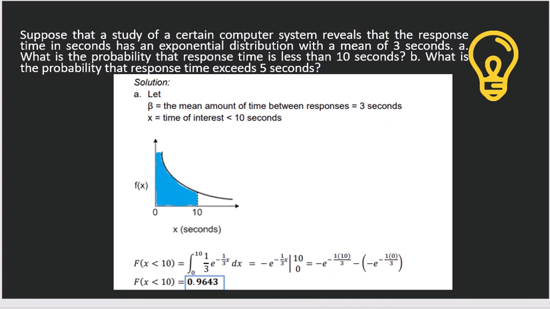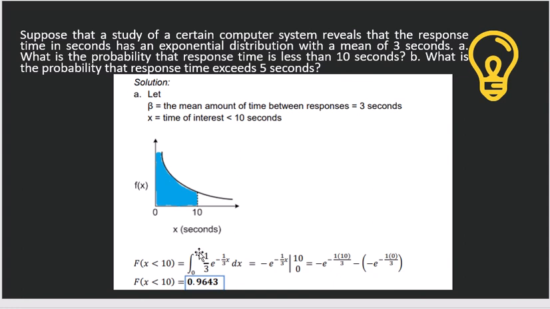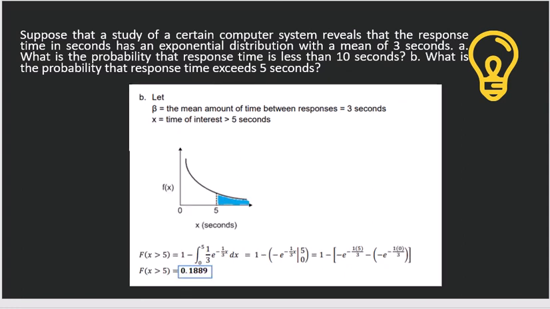You are required to use the scientific calculator to solve the given problem. For letter B, what will be the probability that the response time exceeds 5 seconds? So it exceeds 5 seconds, so automatically it becomes from 5 onward. So with 1 over 3, what we only change will be the values of a and b. Earlier we had from 0 to 10, and now it exceeds 5 seconds.